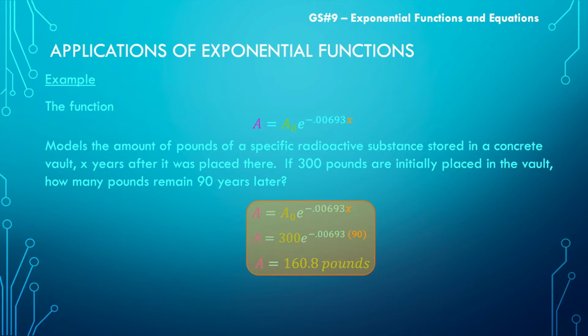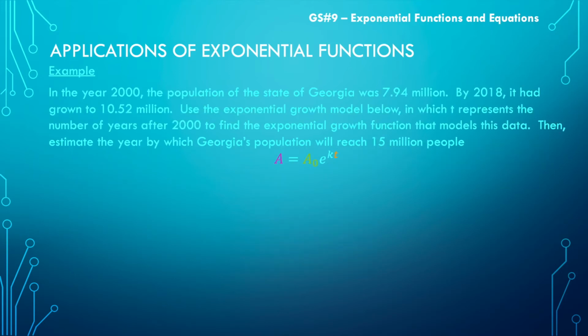All right, population growth is another common use of exponential functions. And I pulled this data from Google today, and they're real numbers. Let's go ahead and read this through. In the year 2000, the population of the state of Georgia was 7.94 million.